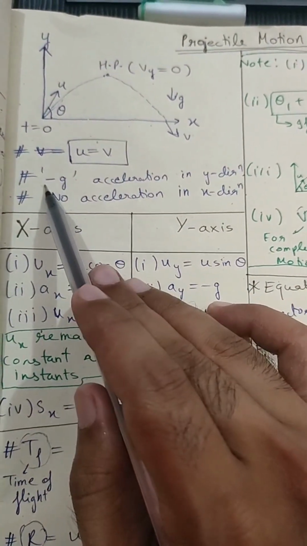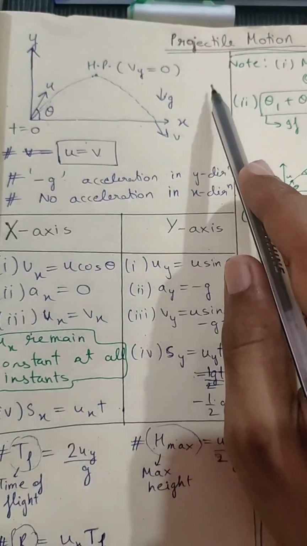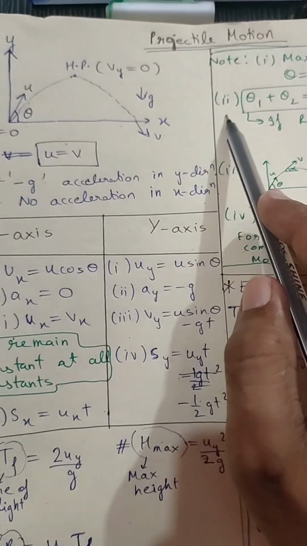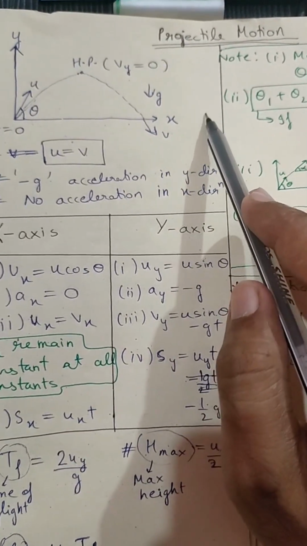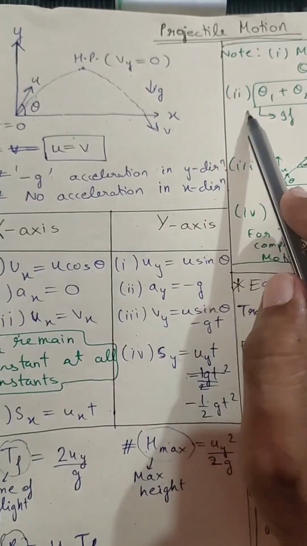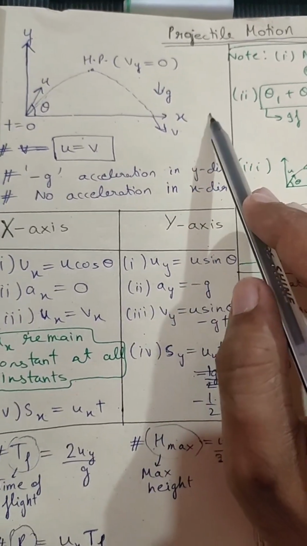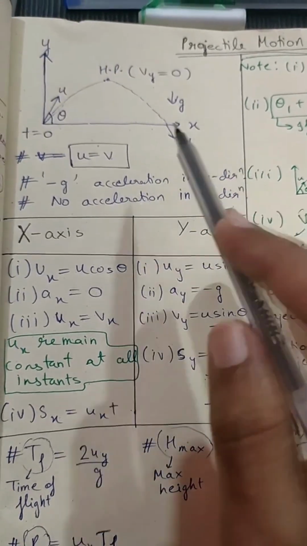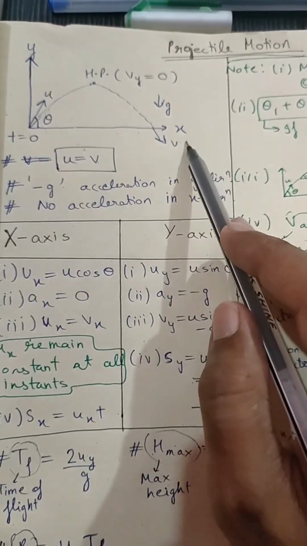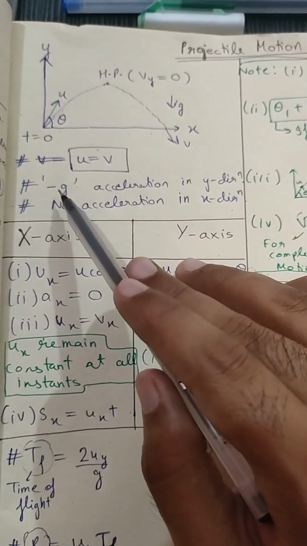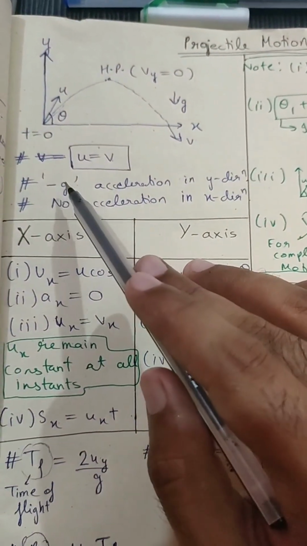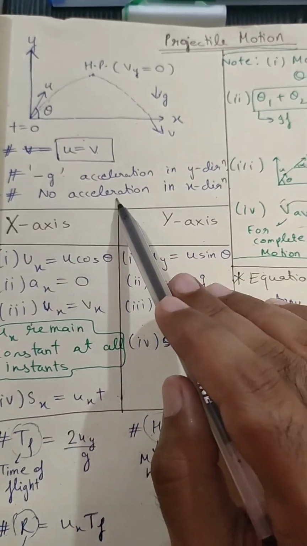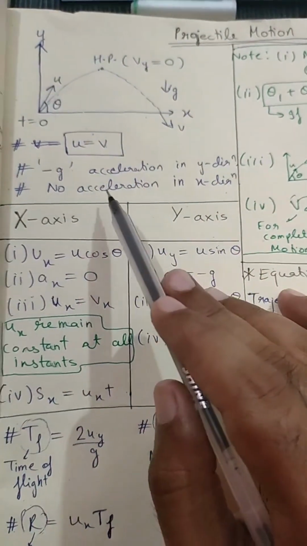Minus represents the sign convention we have, that the upward and rightward directions are taken positive. The upward y value is positive, the rightward x is positive, the leftward x is negative, and the downward y is negative. Since the acceleration due to gravity is in the minus y direction, we put a minus sign here. So we have minus g acceleration in y direction, and in x direction we have no acceleration.